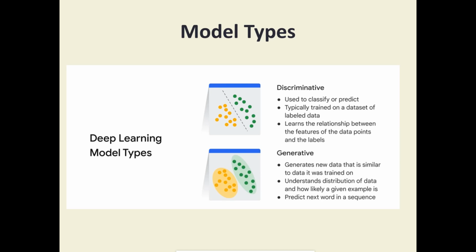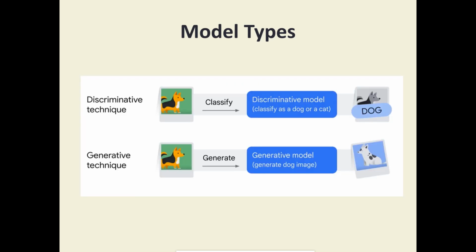AI is used for taking decisions, that is the discriminative side. The generative deep learning model is used to create new things, that is generative artificial intelligence. You can see the example here. With discriminative techniques, the model classifies a dog or cat.